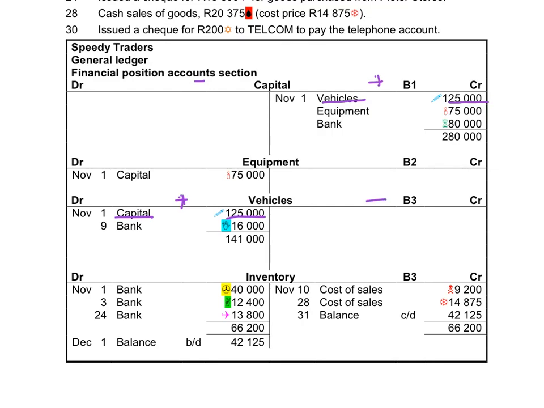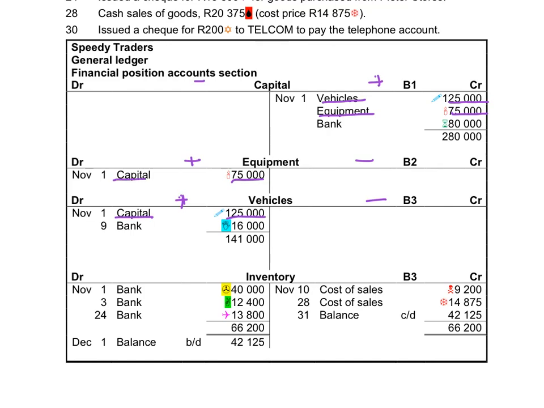Then we will also increase the capital on the credit side with 75,000, and we will debit our equipment account with 75,000 because equipment is an asset that increases on the debit side and decreases on the credit side, and the capital account was credited.